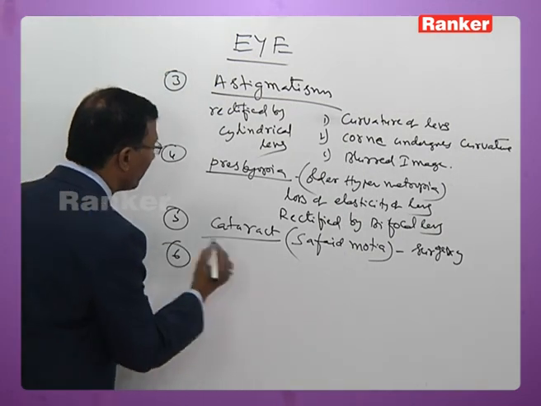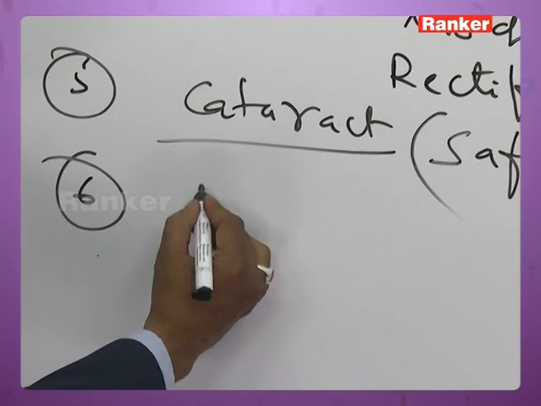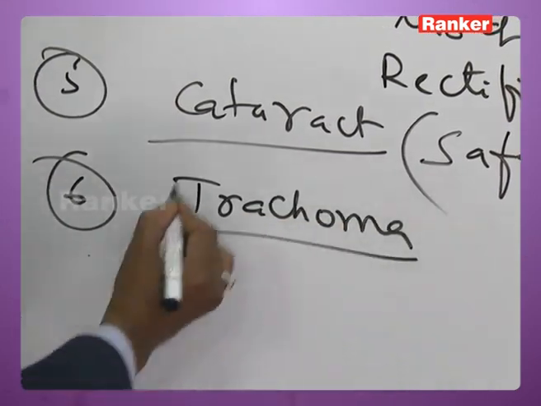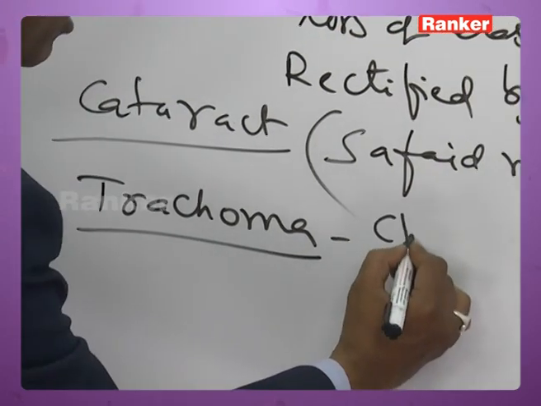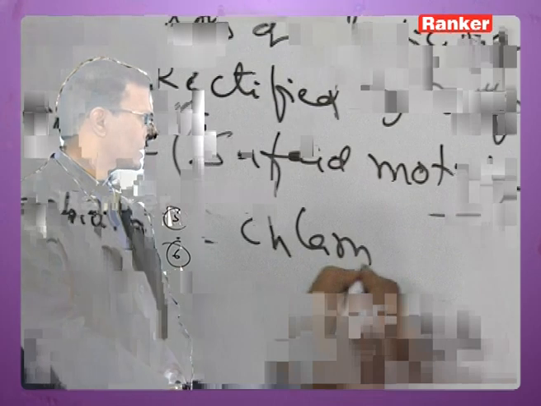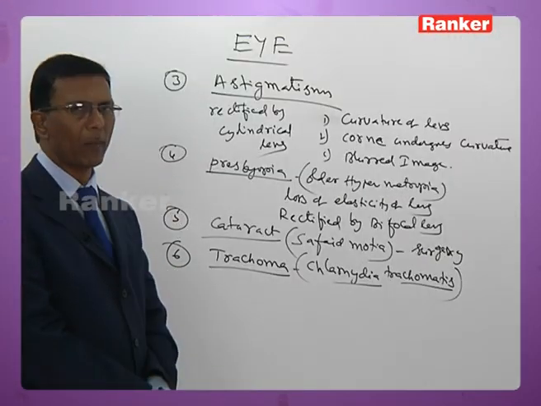Then next you have trachoma. Trachoma is caused by a bacterium called Chlamydia trachomatis.